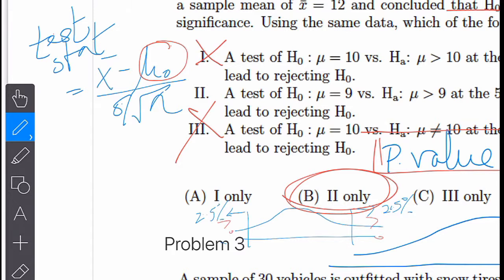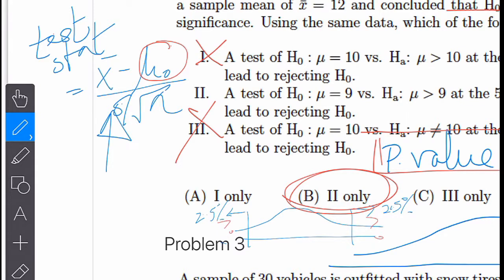So the test statistic is calculated this way, but now this number goes from 10 to 9 and all the other values stay the same. So going from 10 down to 9 makes the test statistic go up. That's the most important thing. If it increases, you're more likely to be in the rejection region, further away, a further outlier.